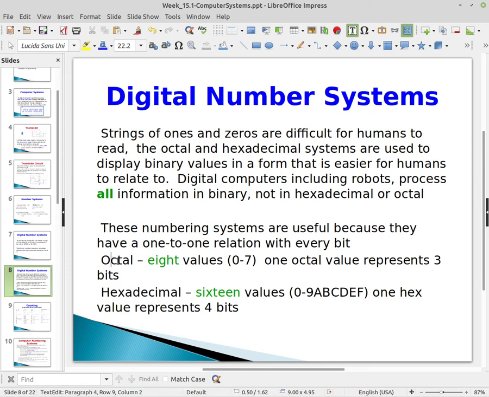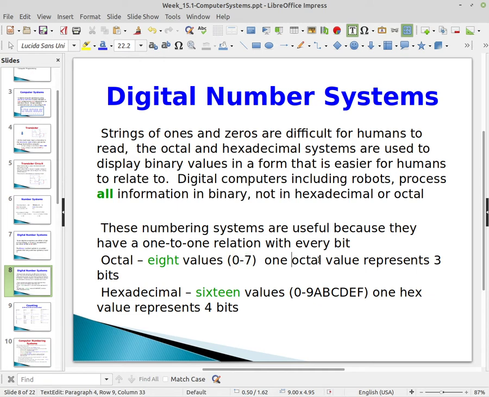So we have two other numbering systems that you'll sometimes see inside of digital computers, and that is the octal numbering system, which uses 8 values, right? Oct is the prefix for 8. And so that means it uses 8 values. Now those 8 values are 0 through 7.